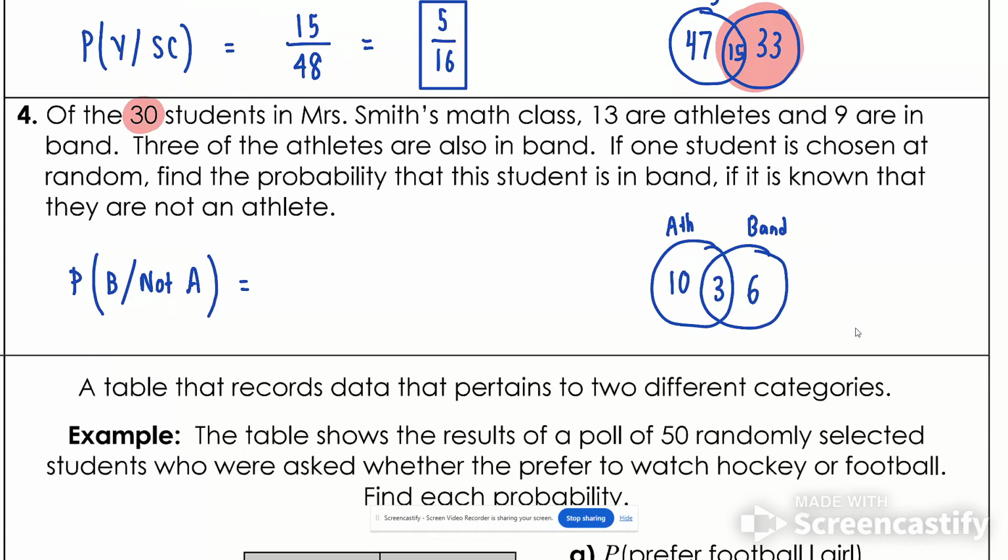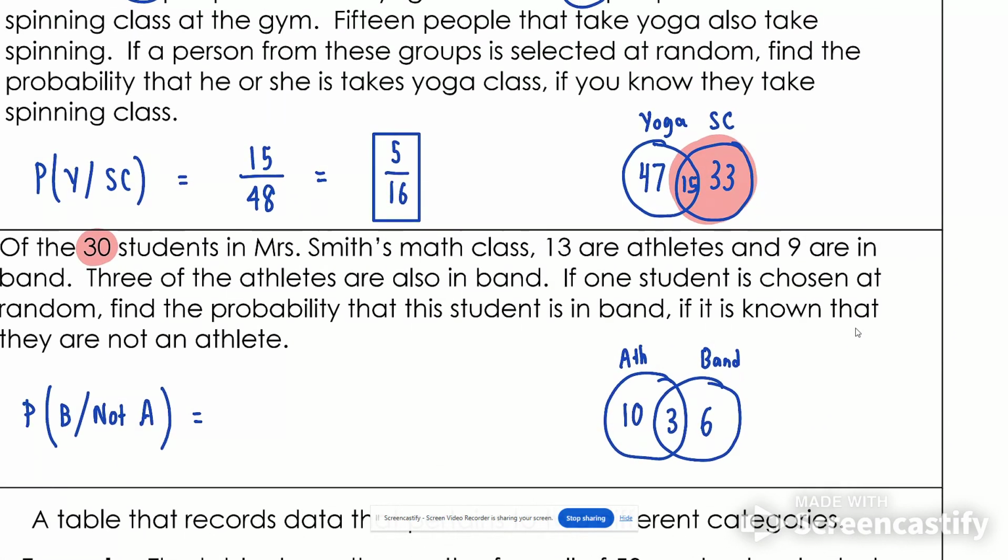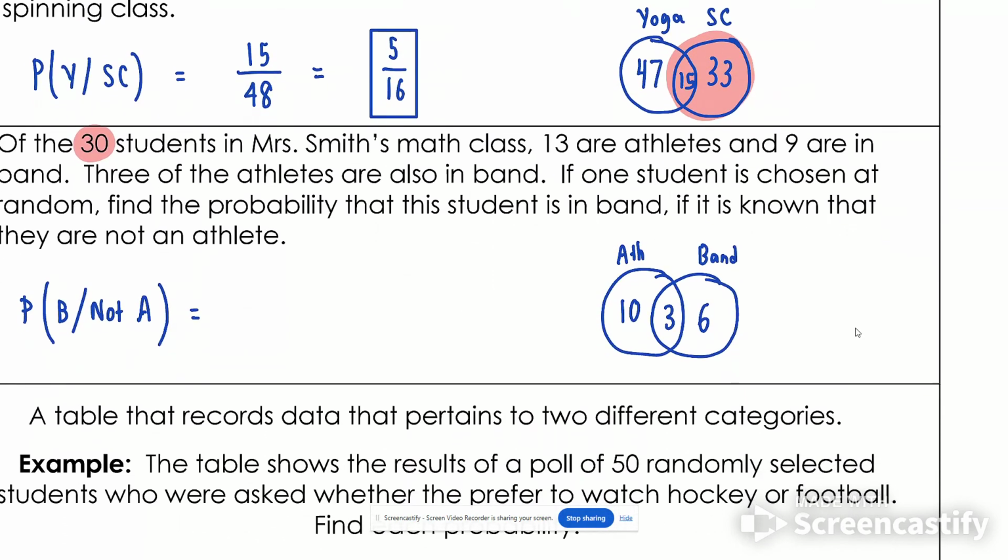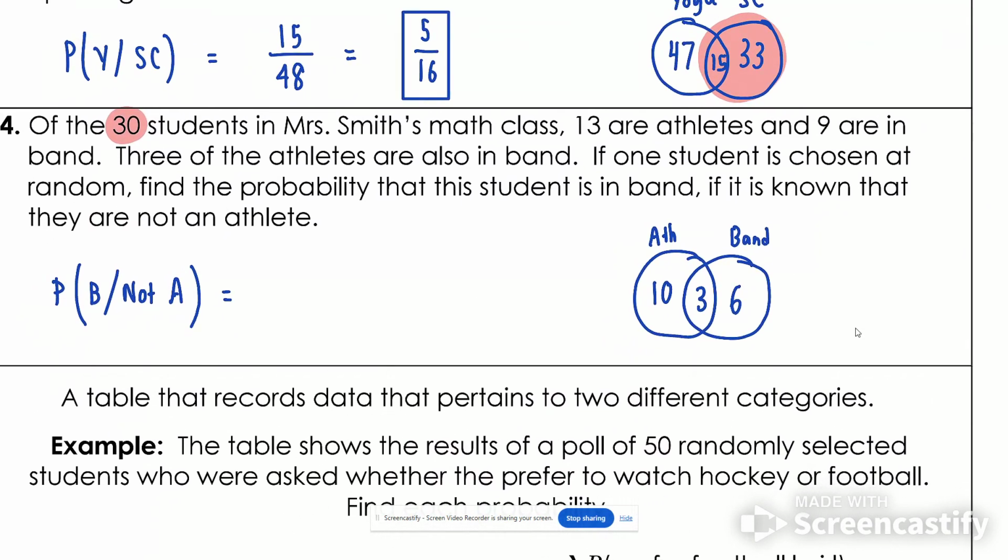Okay? Now listen, the tricky thing with this is, like the last problem, we only focused on the circles. But this time, remember, how many students were actually in Miss Smith's class? 30. Okay? 30. Now, think about this. How many are in the band? There are 9, right?